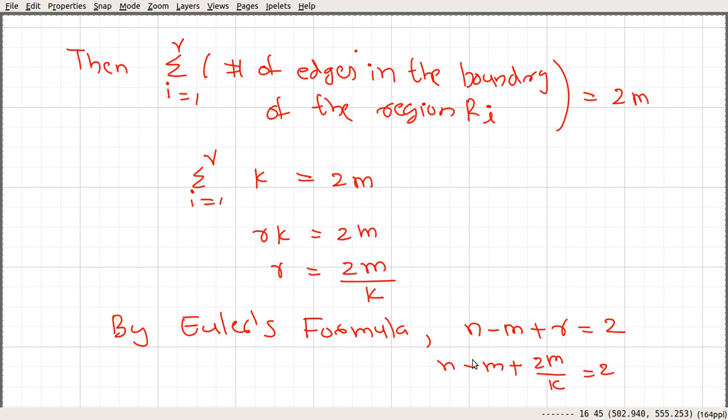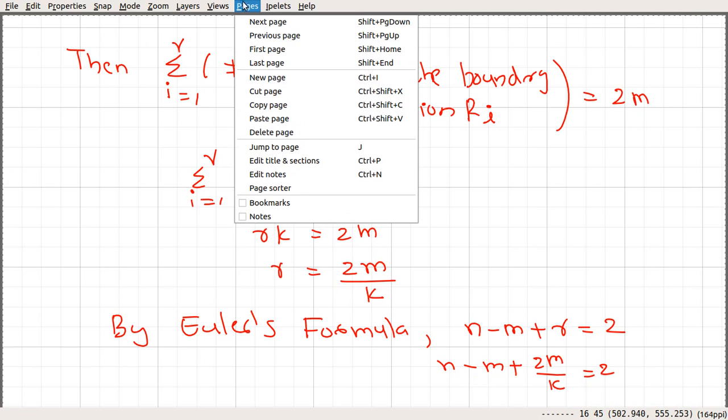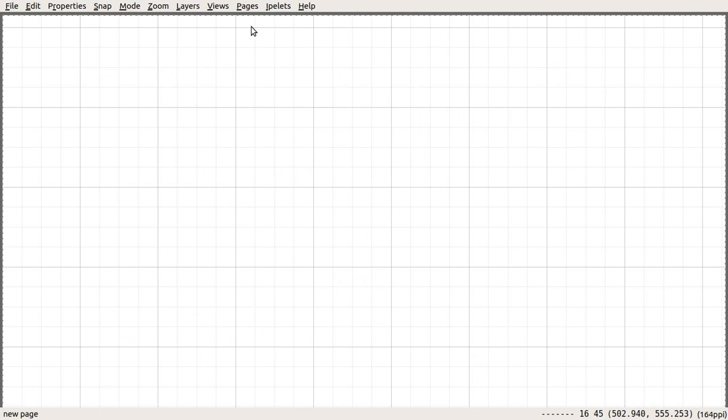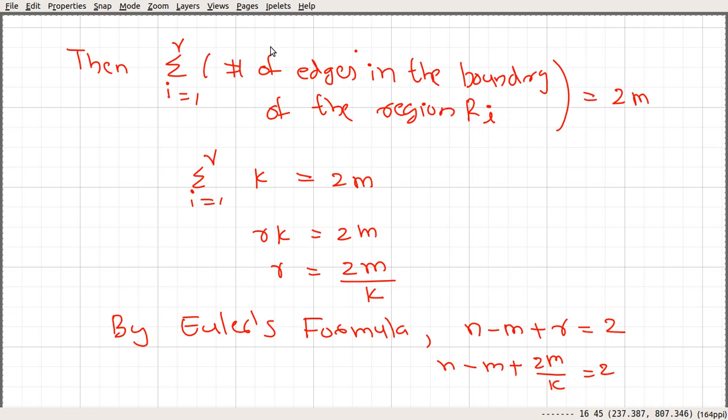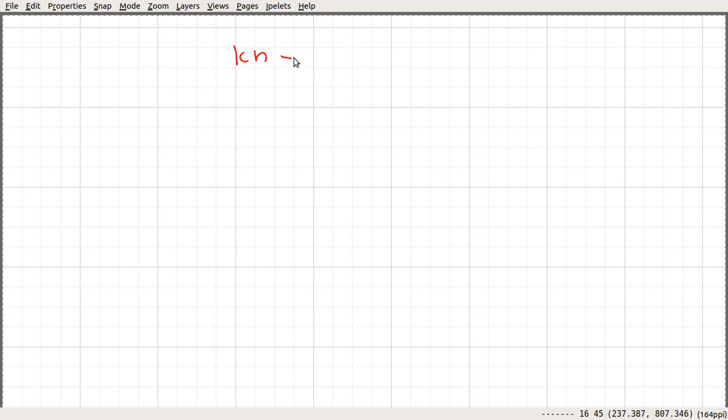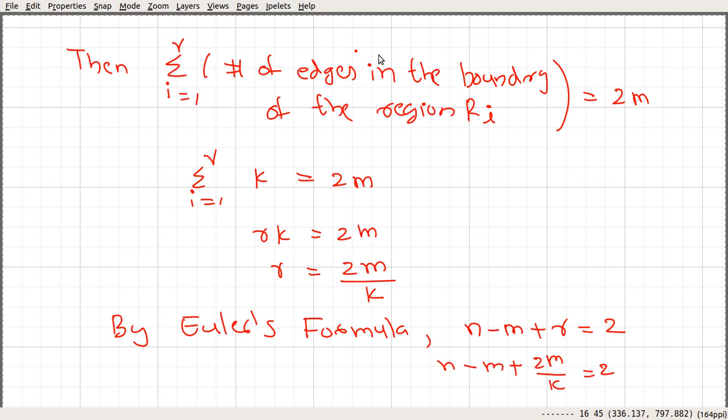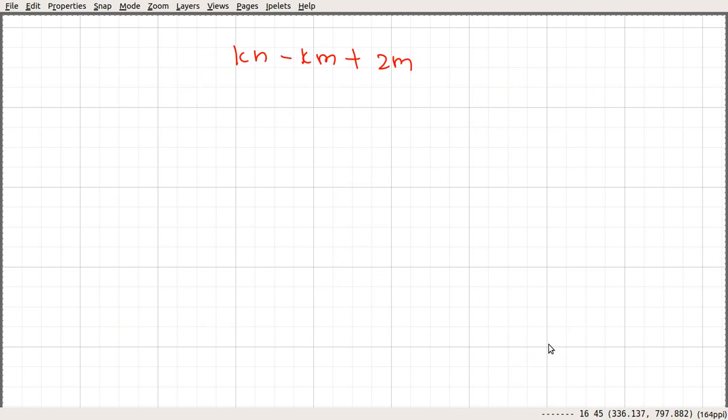Okay, so rearranging this we get kn minus km plus 2m equal to 2k.